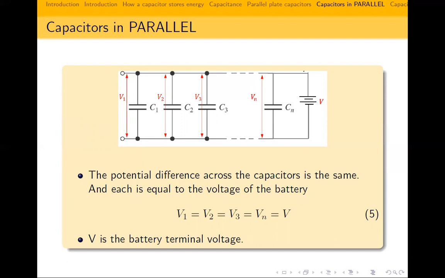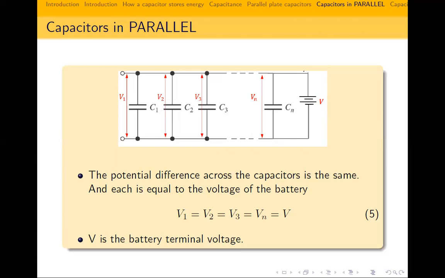That is to say that the voltage V1 in the diagram here is equal to the voltage V2, is equal to the voltage V3, is equal to the voltage Vn, which is equal to the voltage of the source, that is V. So it doesn't matter how many components you have.